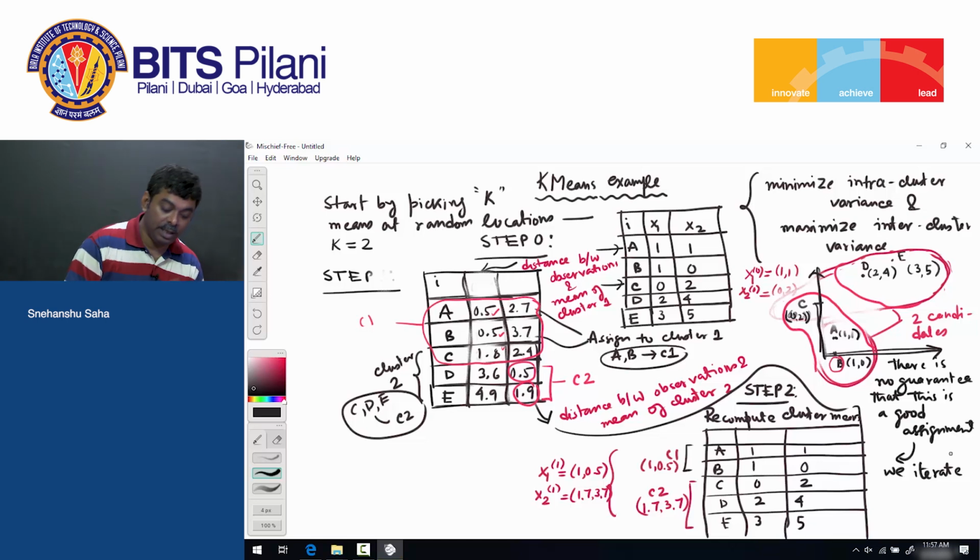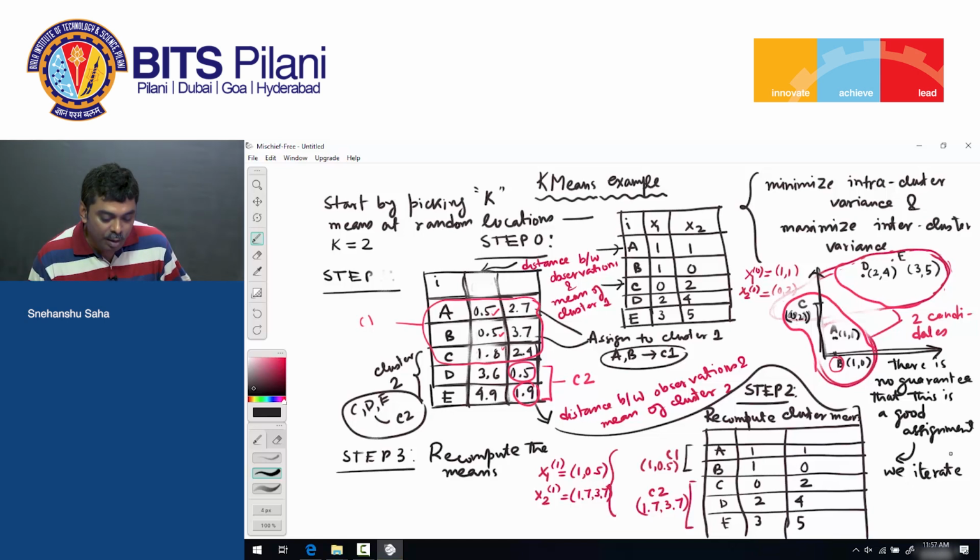So what's the next step? Recompute the means. This will be step 3. We'll recompute the means. If I do that, you will see that this is 0, 2, 1, 1.